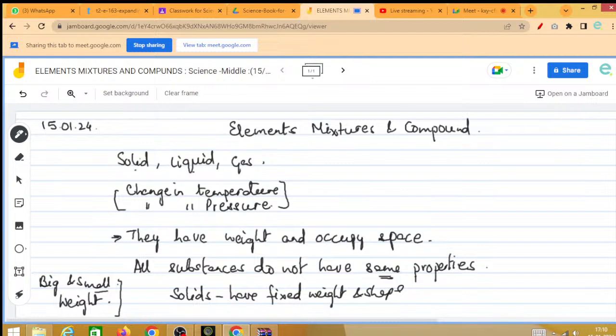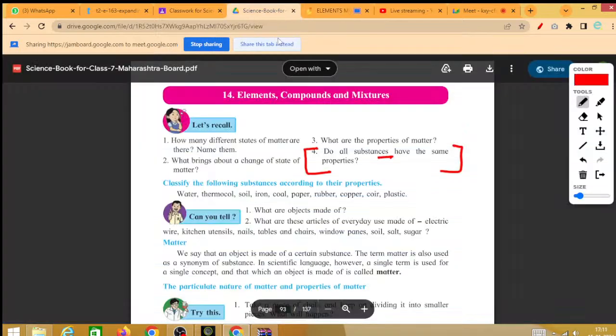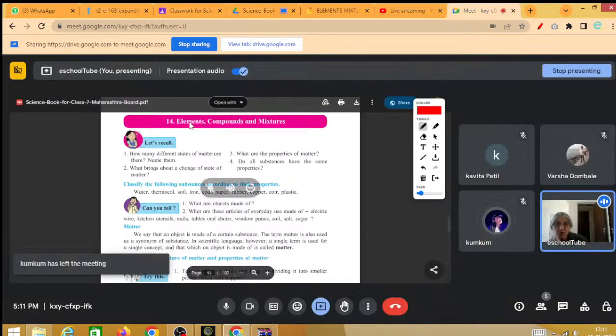So this is what I'm asking. Yeah. Miss, and gases do not have a shape. Yeah. So all that is what we are talking about, whether they have the same properties or not. Okay? Anjali, are you there? Understood? So we are just revising and going through their lesson quickly.